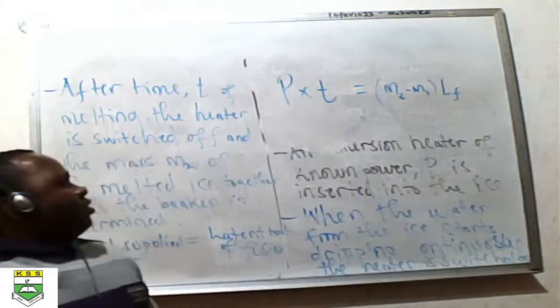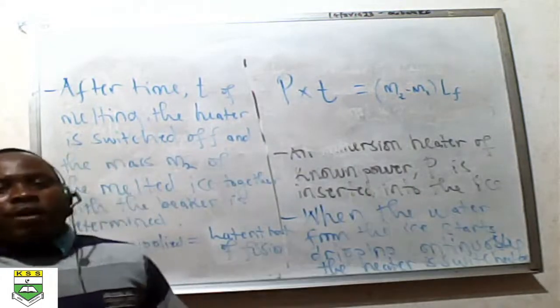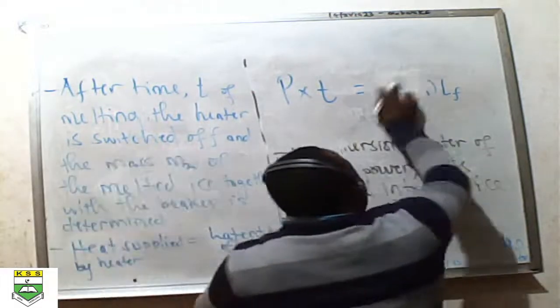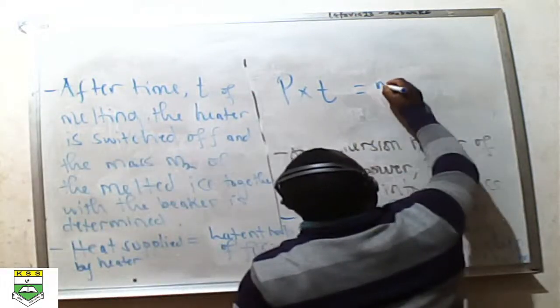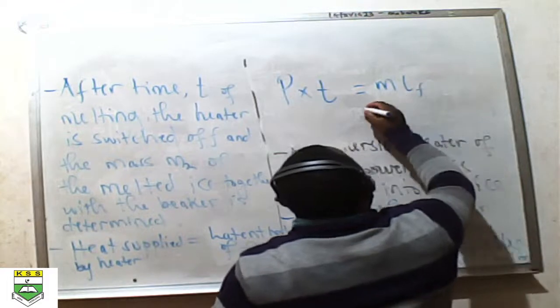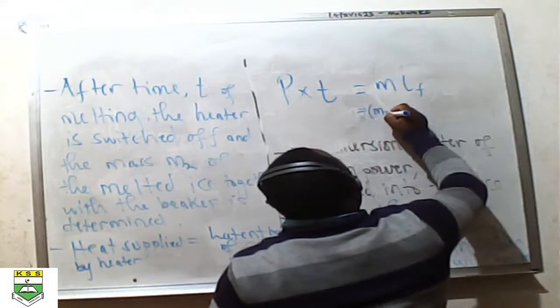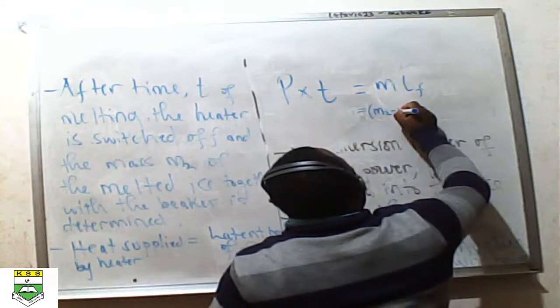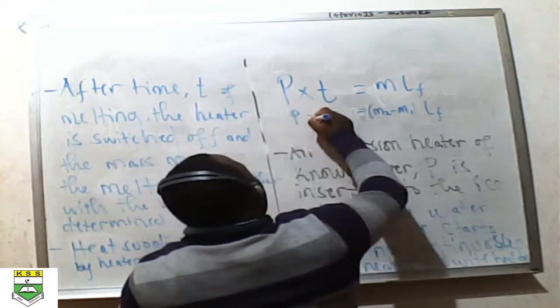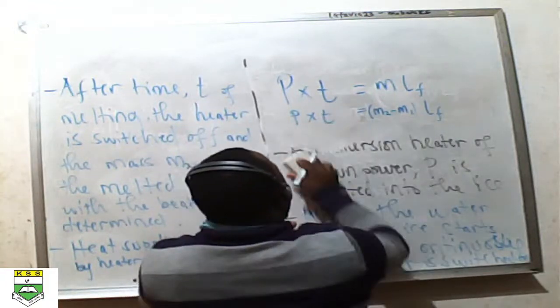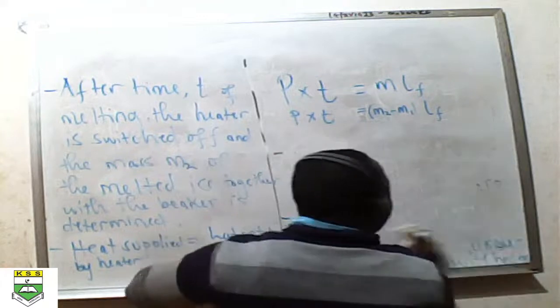Remember, our interest is in getting LF. Maybe before that, let me show you that it is MLF, but this M is M2 minus M1. And then here we can make LF the subject of the formula.